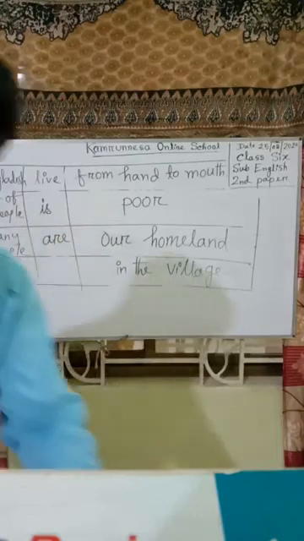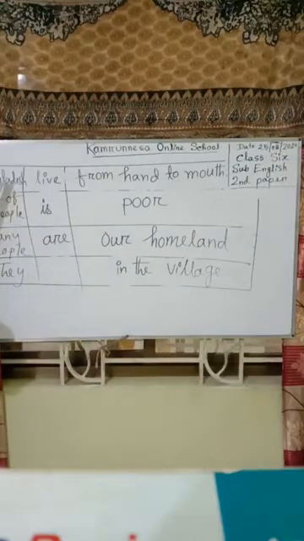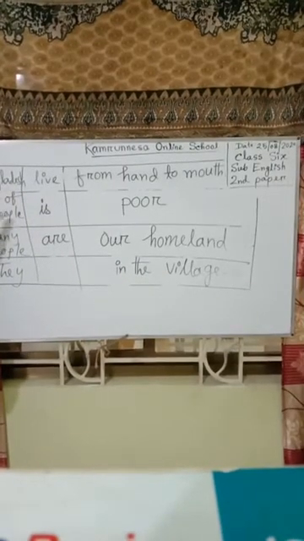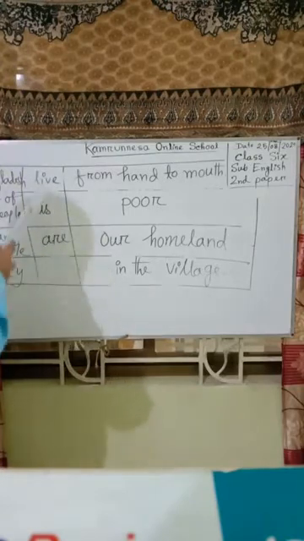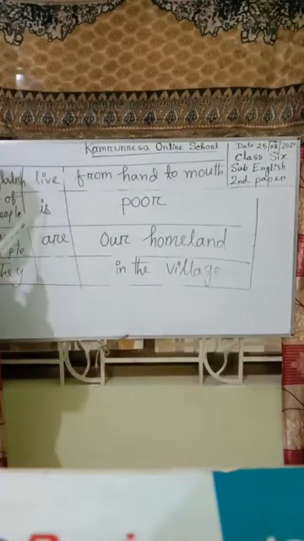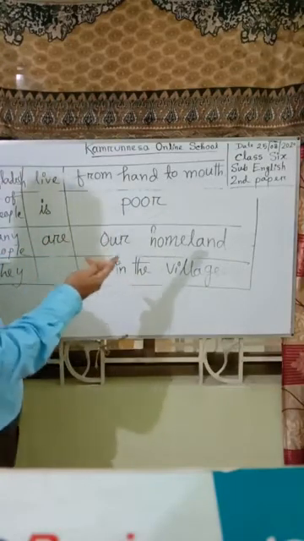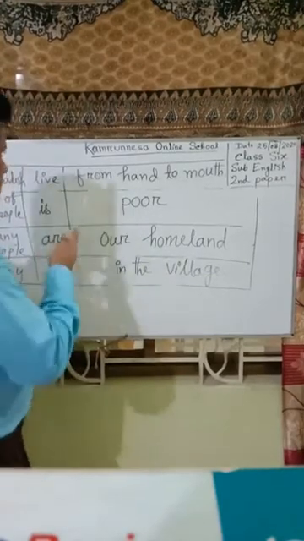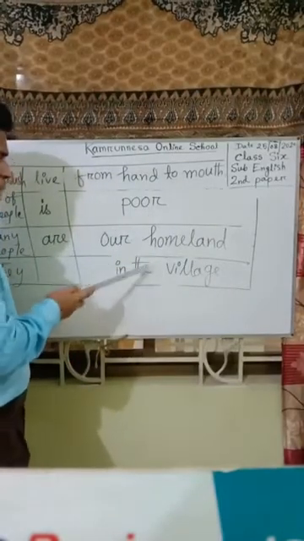Look, dear students, at first beginning in Bangladesh, most of the people, many people, next they. In middle portion there is verb here, live is are, and in object position there are some clauses: from hand to mouth, for our homeland, in the place.